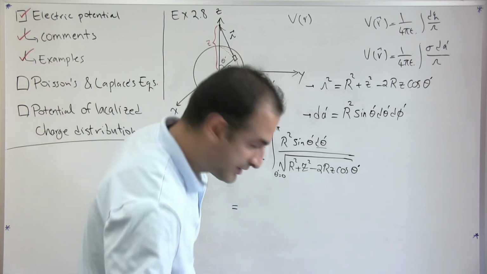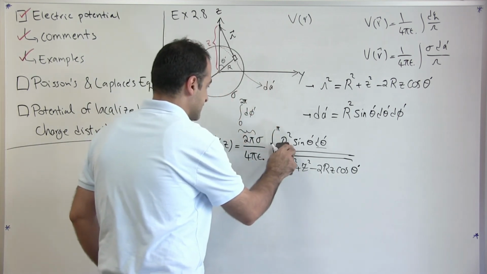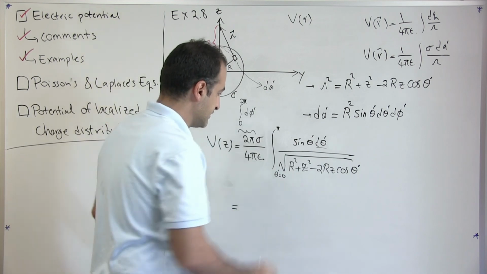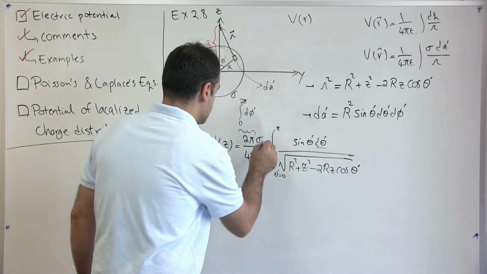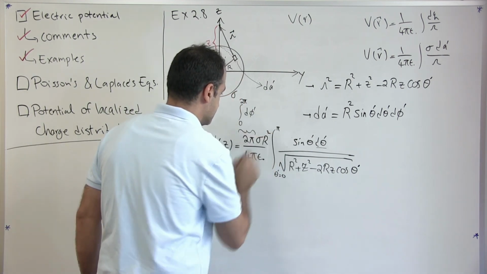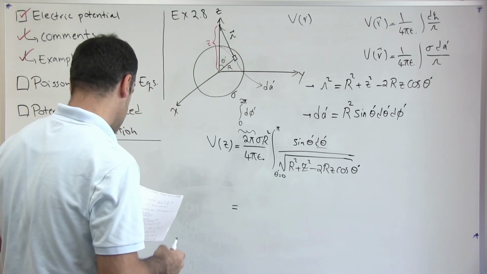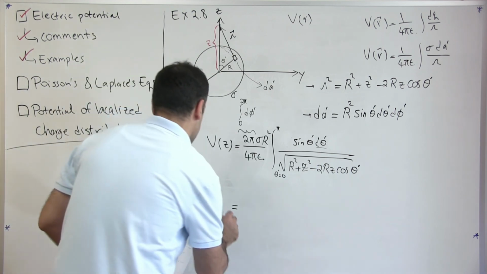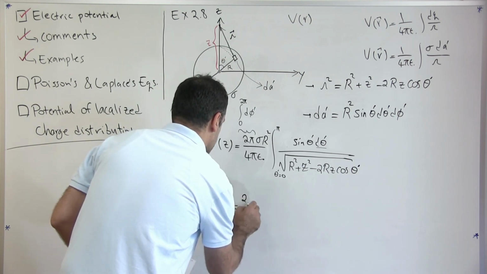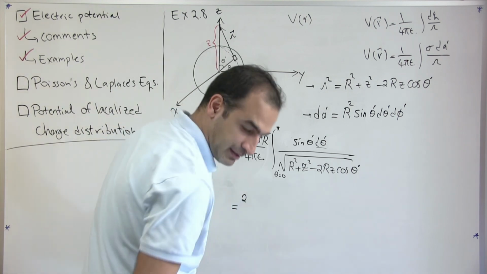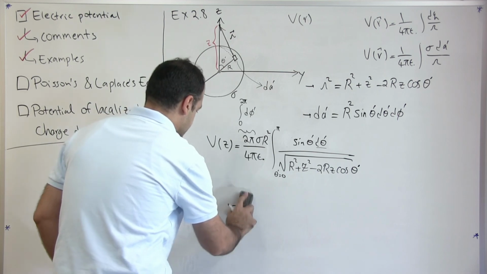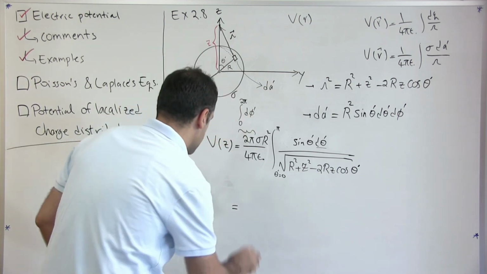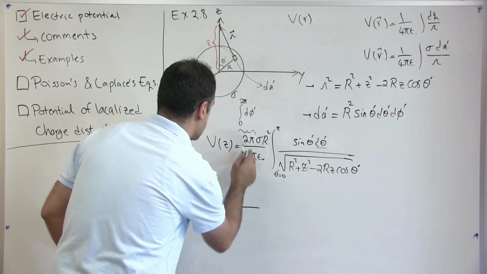By the way, r squared here is a constant as well, so I can take this one out of the integral too. Sounds good? So I have this, and then all these constants, and 2 pi cancels out with 4 pi. So outside the integral, things become a lot simpler.